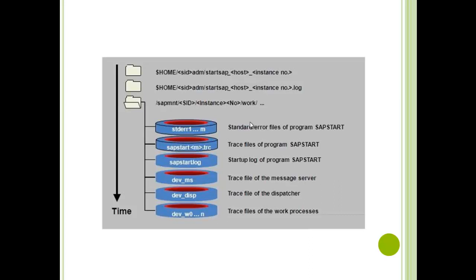You now remember the startup sequence: database, then message server, then the dispatcher. stderr2 will have the information about the message server, and then stderr3 will have the information about the dispatcher. So you have 1 which is database, 2 which is message server, and 3 which is dispatcher.